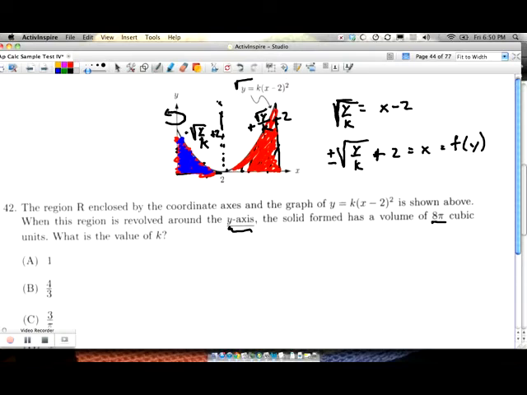First, I want to try and integrate this area here, just the blue. So the volume of the blue is going to be pi times this little r squared. We'll call it r1, and this right here is r1.